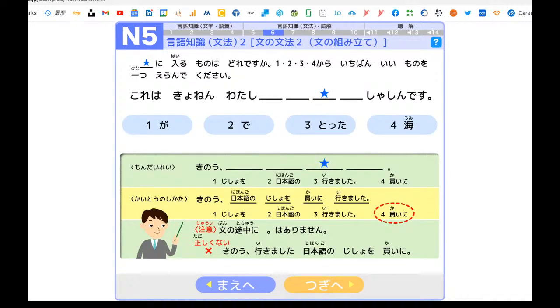Next. 星に入るものはどれですか?1234から一番いいものを一つ選んでください。So, this question asks to put the 4 words in order for the blanks, and then select the one which has the mark of the star.